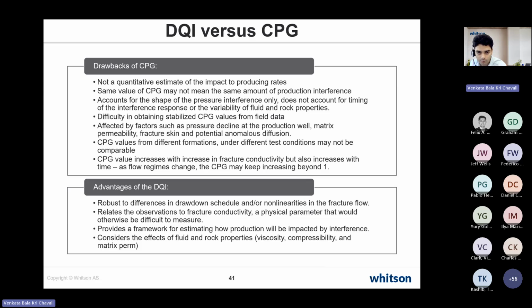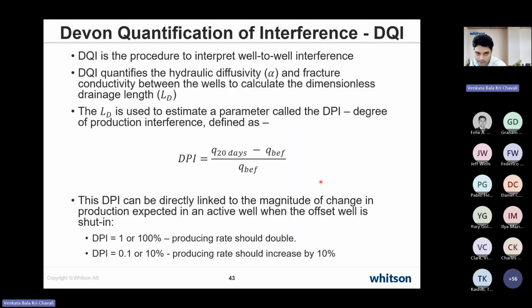All right. So I'll move on and dig into the details of what the DQI is and how it's done. The DQI is a procedure to interpret well-to-well interference. It quantifies the hydraulic diffusivity and fracture conductivity and calculates the dimensionless drainage length, right?